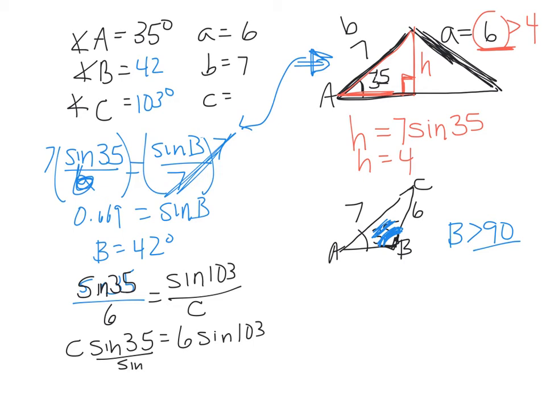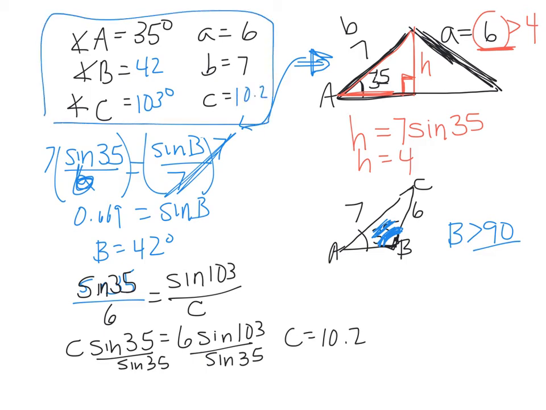Divide both sides by the sine of 35, and you get C is equal to 10.2. So we just solved for the large triangle. That's one of the two triangles.